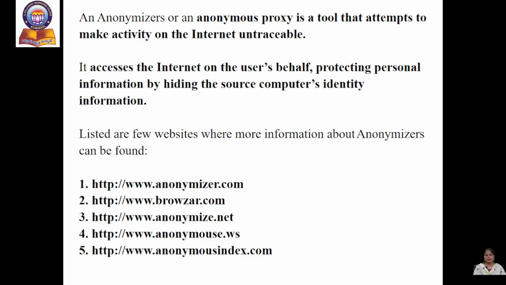It will hide every activity that the user does, so that even if the proxy server tries to log the data or information the user is performing on the system, that will be hidden by this anonymizer. So it will allow the user to stay in a hidden state and perform his activities.